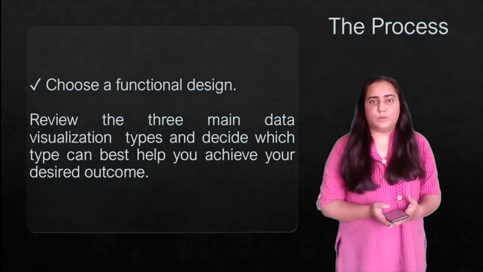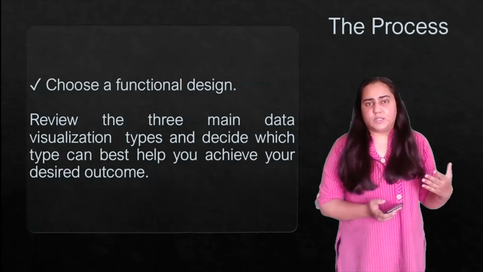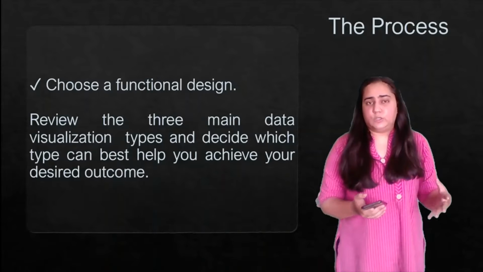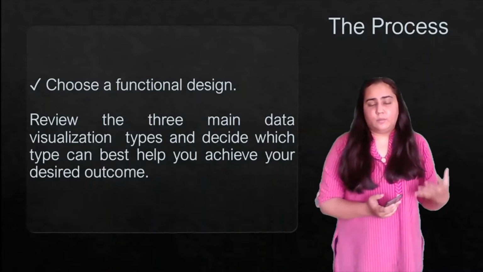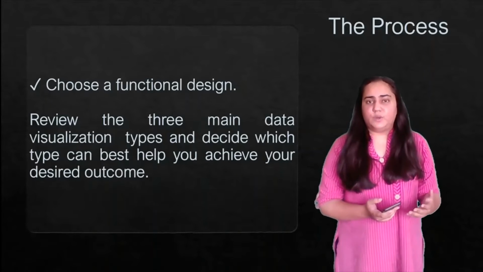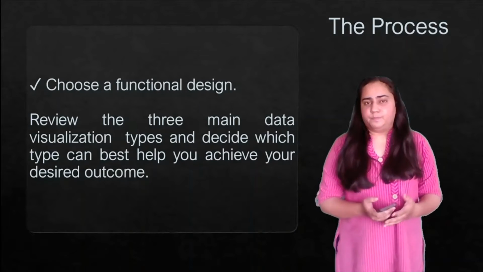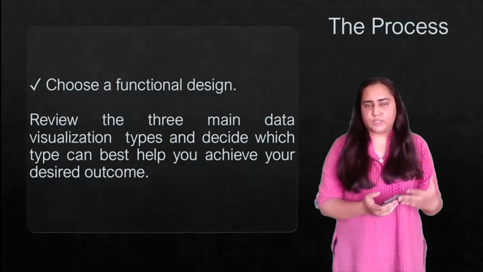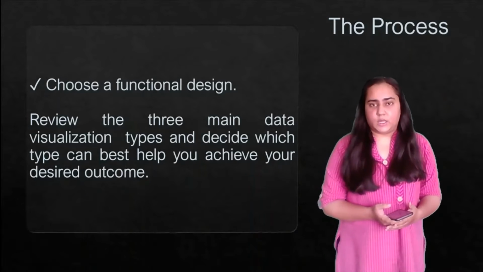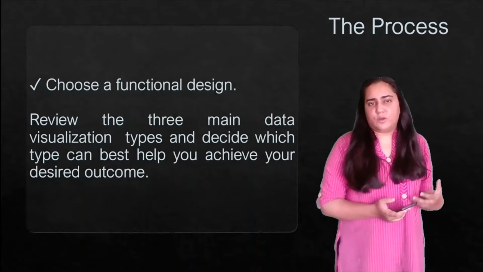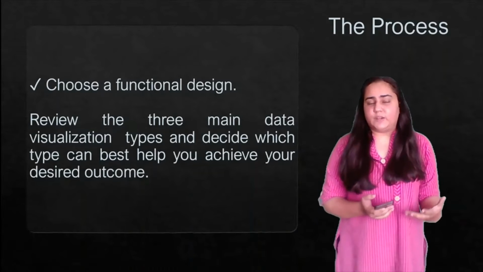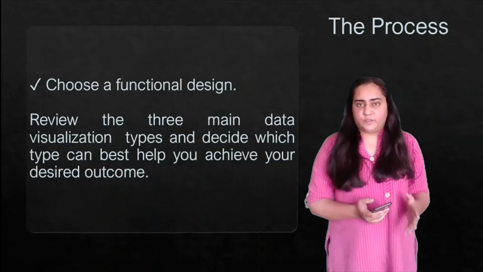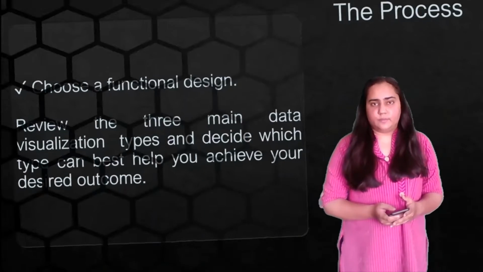Storytelling would work for people who are at some top level of the company and they want to make decisions, and so you would use storytelling. But analytical model or design would work when you have people who are analytical, who are like-minded, who are just like you. They are also trying to analyze something. So at that time you do not draw a lot of conclusions from your data, but you leave that open to the audience to do. So you have to choose one of these functional designs.